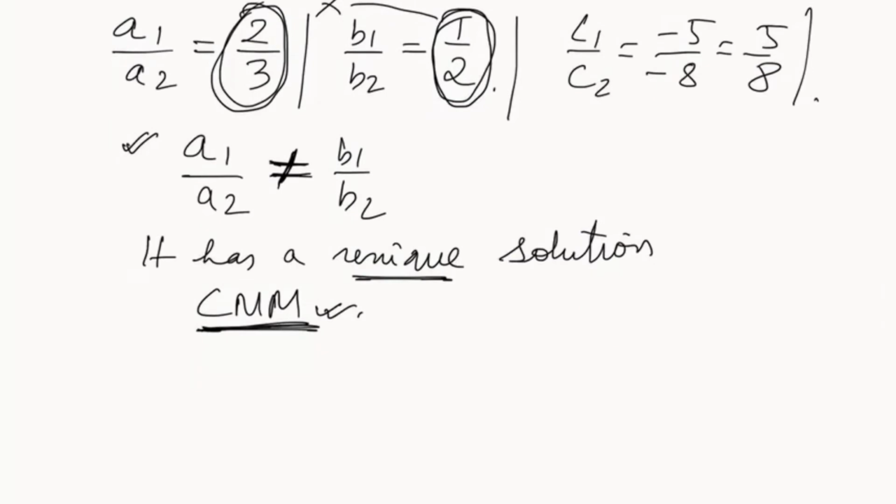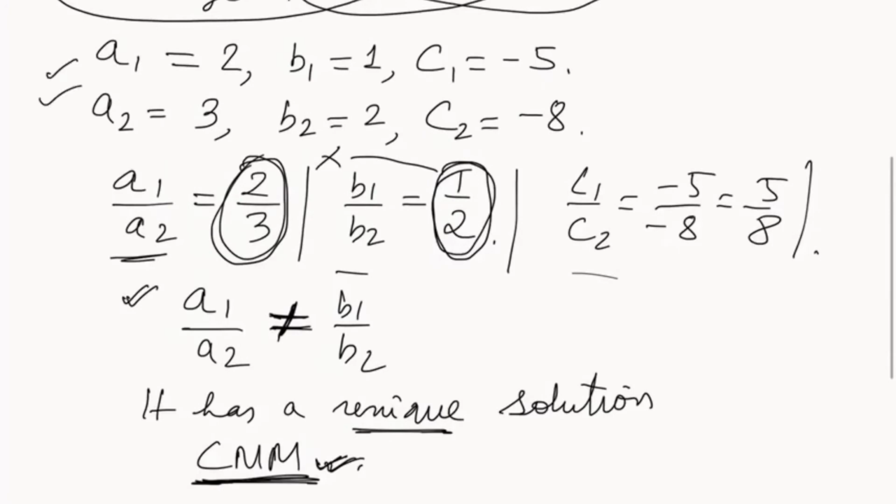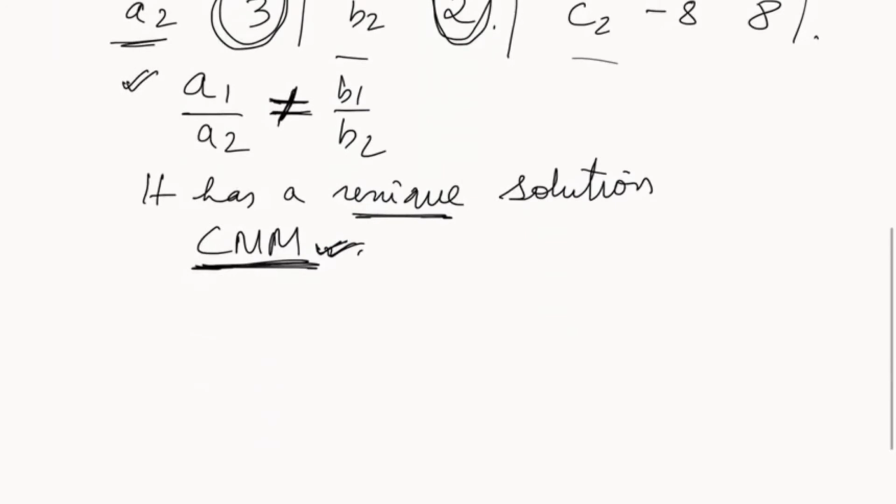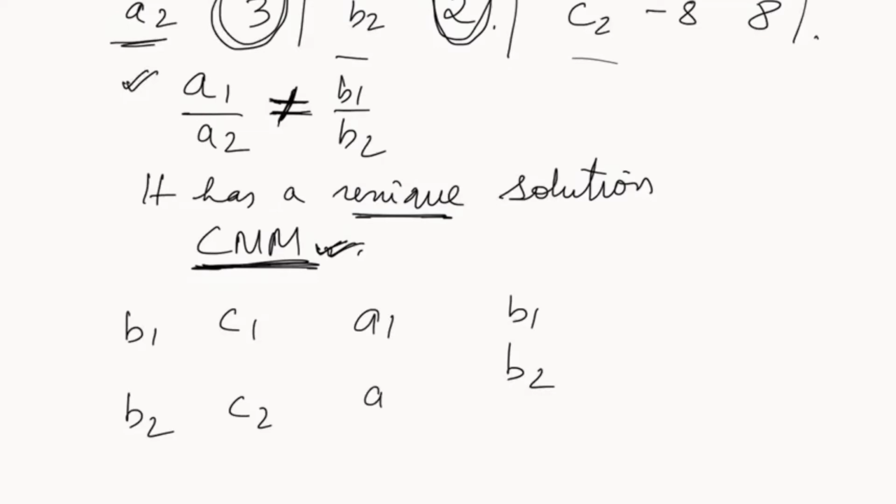We write a1, a2, b1, b2, c1, c2 in the way that we have discussed in the previous video. We write b1 by b2 here, again b1 by b2, here c1 by c2, and here we write a1 by a2.